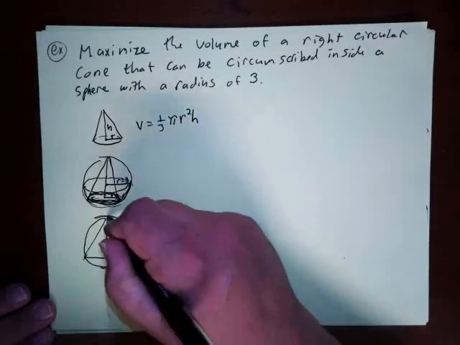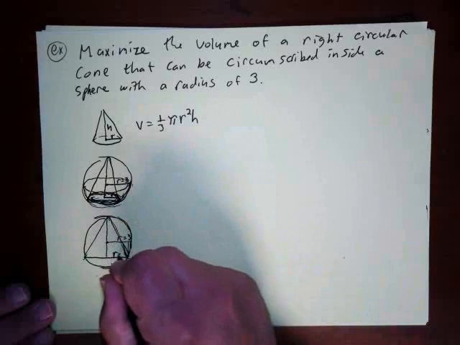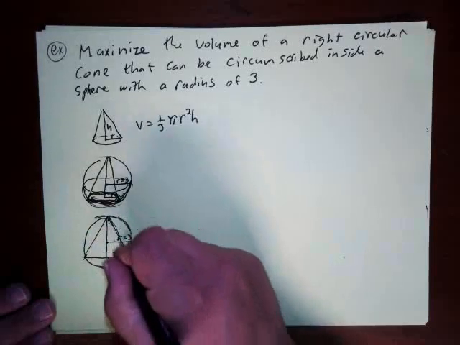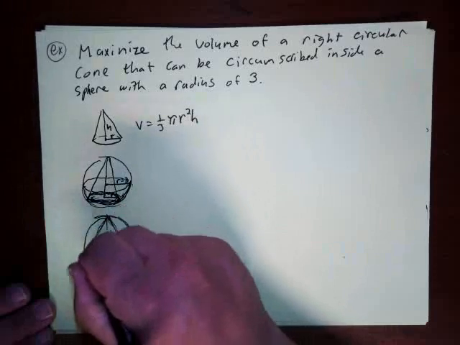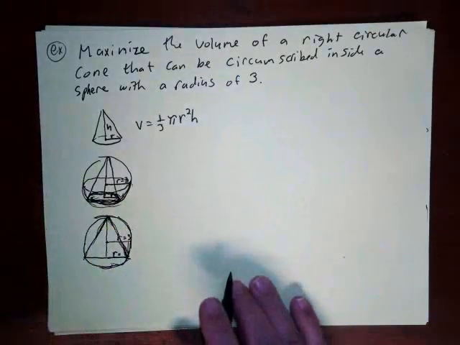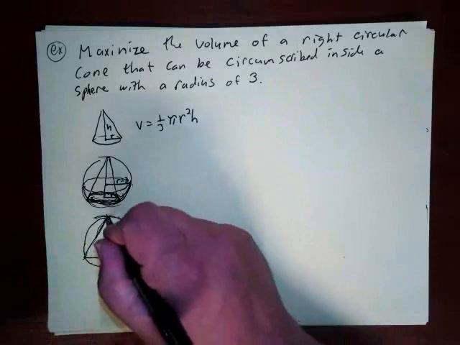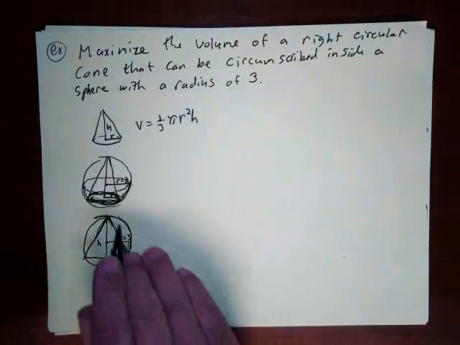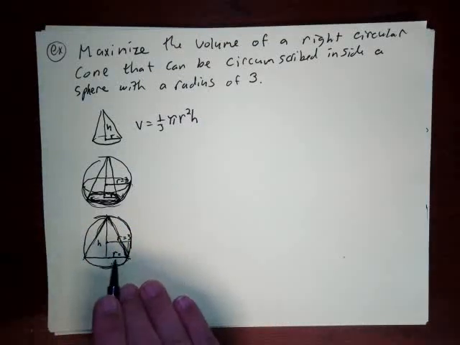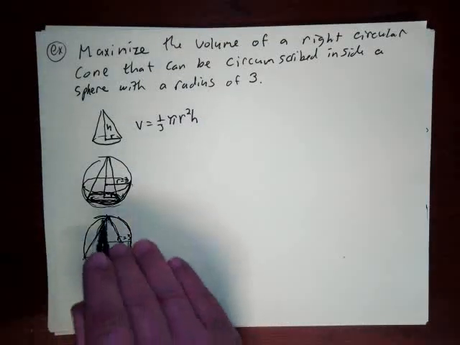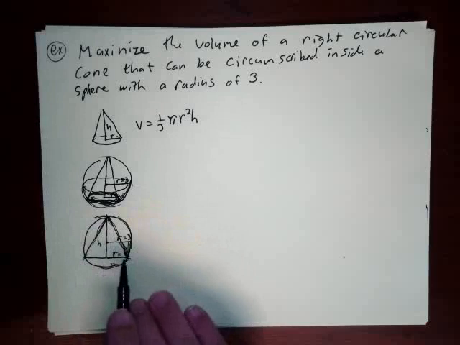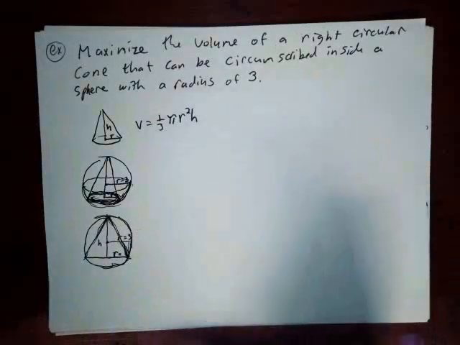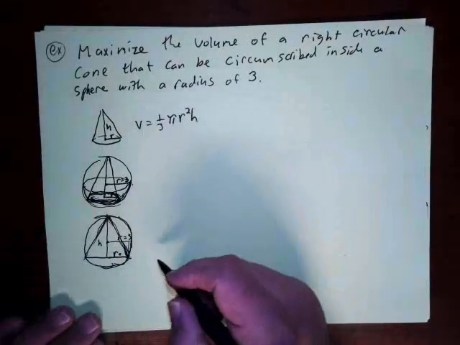The radius here is this distance, and the height is all of this. So the volume would be 1/3 pi times this radius squared times this height. Now, how are we going to do this?